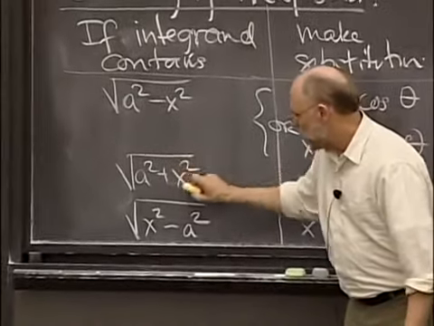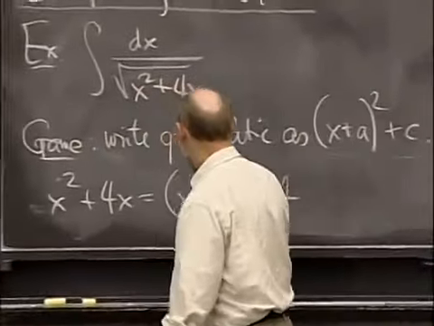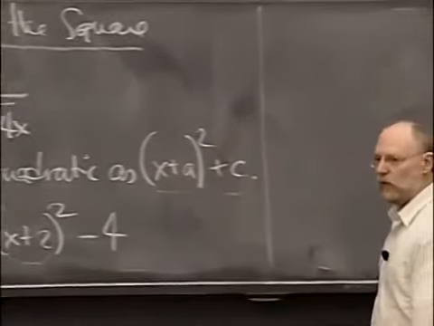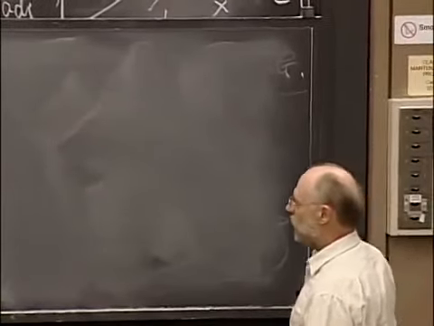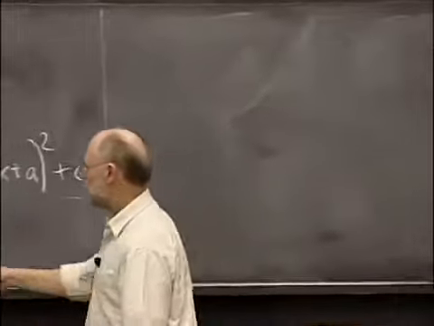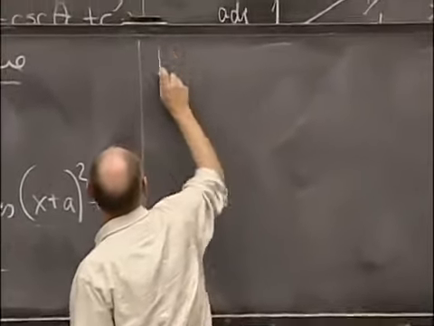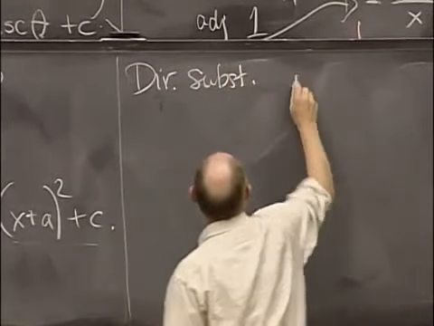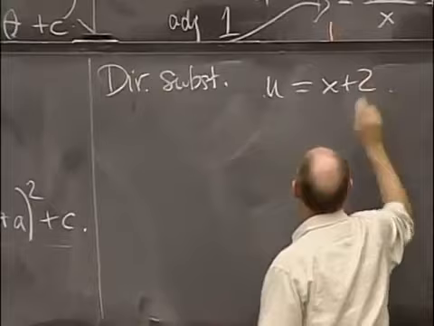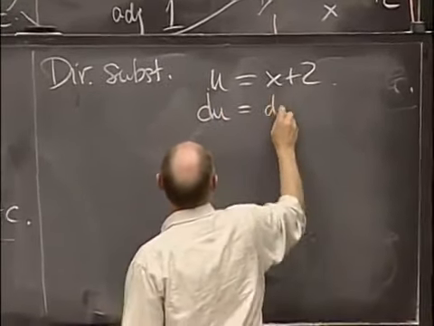So in order to get a single variable there instead of something complicated like x plus 2, I'm inclined to come up with another variable name and write x plus 2 as that other variable name. So here's another little direct substitution. U is x plus 2. Figure out what du is. That's pretty easy.